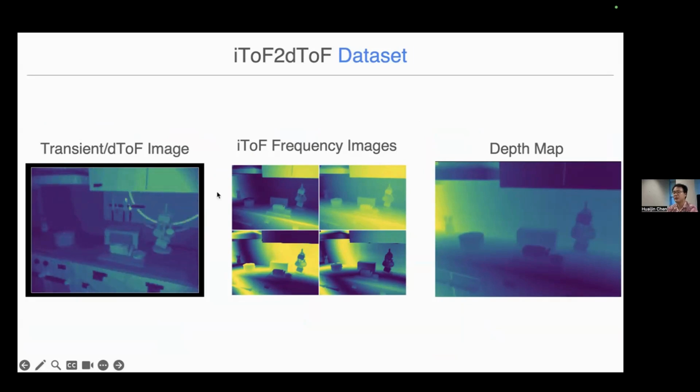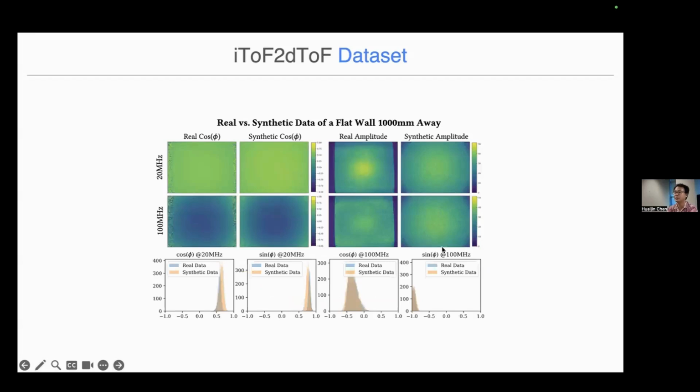In our data set, this pairwise iToF and dToF data contains about 1.5 billion transient impulse response functions and iToF frequency measurements across a wide range of frequencies from 20 to 600 megahertz. We also developed a peak finding script to decode the depth depending on your applications.